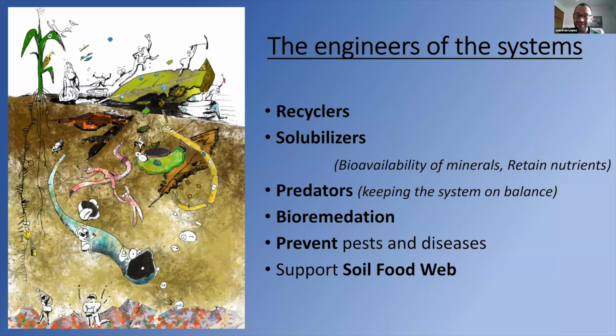For that, the key of this preventive agriculture is to work with the engineers of the system. The microbiology are the workers and the engineers of the system. They keep the system closed and recycling. They solubilize the minerals so the plant can take them up straight away. They also keep the system in balance, which is very important for many soils.